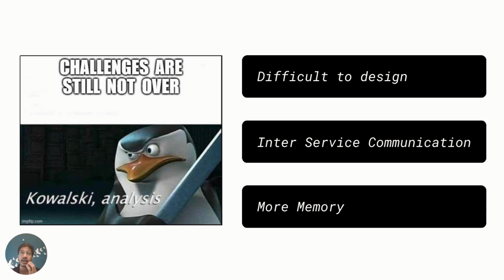For example, if service 1 is only interacting with service 2, and we have made them separate services, ideally they should be combined and made into a single service, since there is no dependency of service 1 on any of the other services.